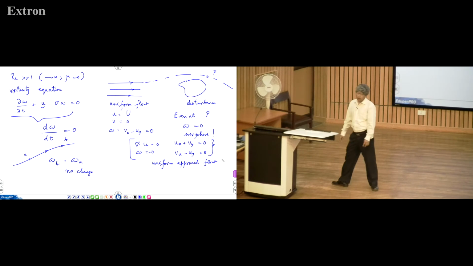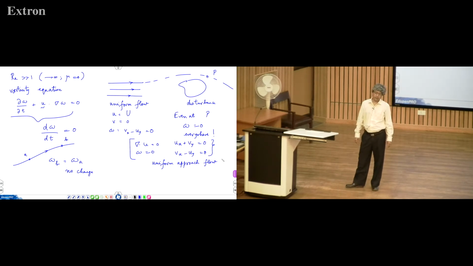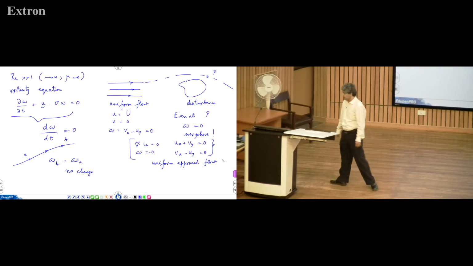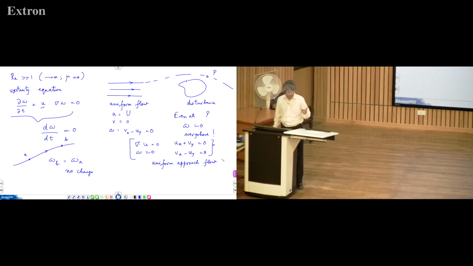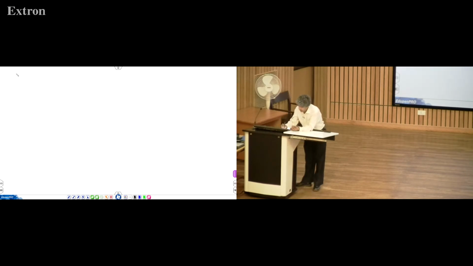So, it now remains to find pressure. We still have to find pressure. For that we have to go back to the momentum equation that contains pressure. So, we have the mass balance equation, the vorticity equation, and now to find pressure we go back to the momentum equation.